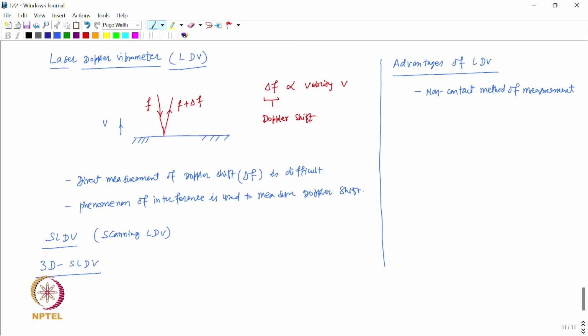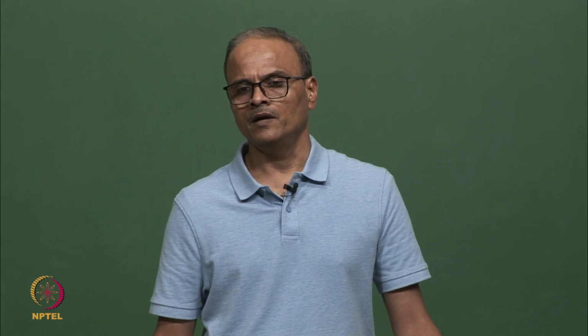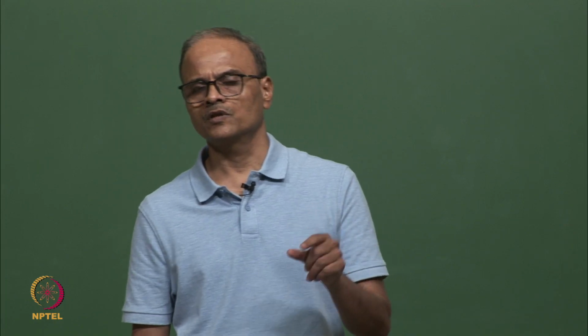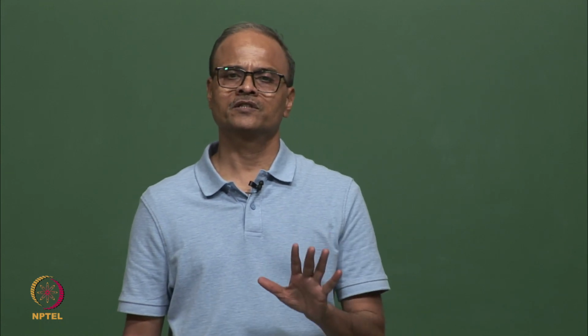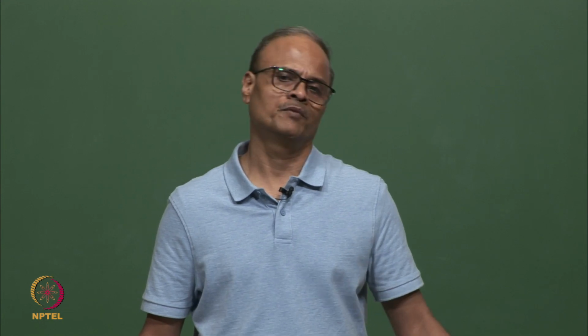Here the laser beam is used through which the velocity is measured, and therefore it is a non-contact method, while the accelerometer needs to be mounted on the surface, so it is a contact based method, and that causes mass loading of the structure on which the accelerometer is mounted.